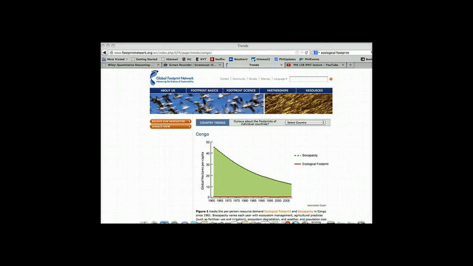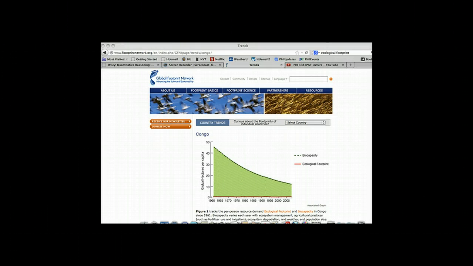The first here is the Congo, where the ecological footprint, the red line at the bottom, you can see is below essentially carrying capacity or some measure of carrying capacity, and it remains relatively flat. So you might ask yourself, why is the biocapacity or the carrying capacity declining?